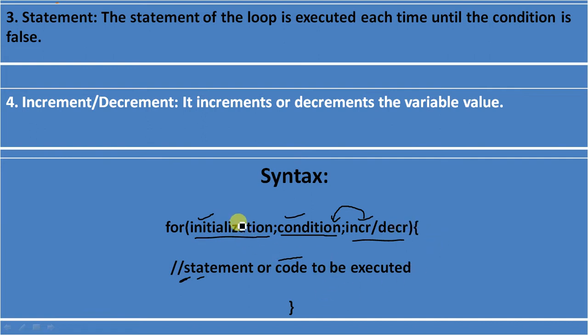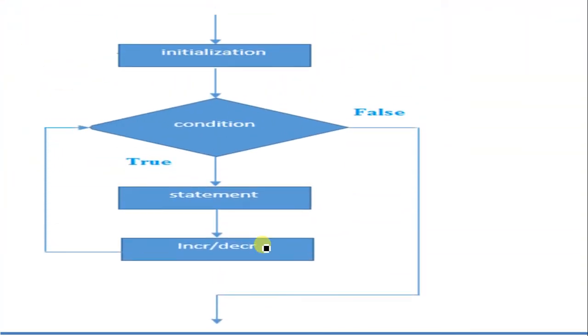So initialization is a one-time process. Only once do we initialize the variable. The condition, execution, and increment and decrement are always performed, so the only one-time activity is initialization. So this is the flow chart of the for loop. Initialization, then check the condition.